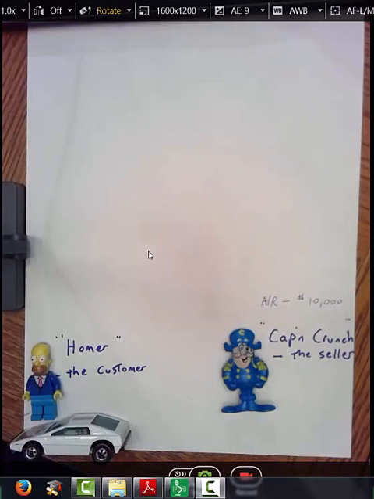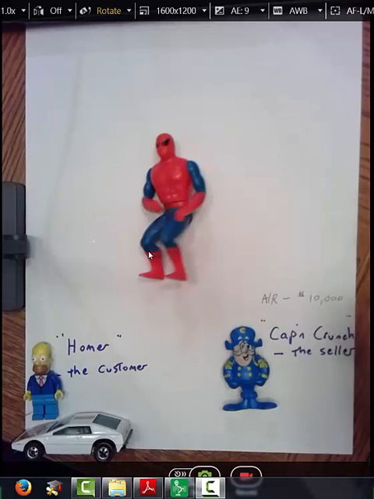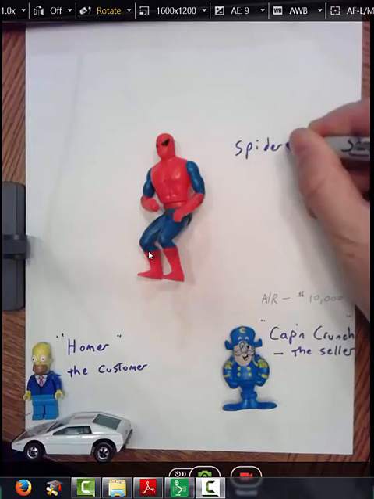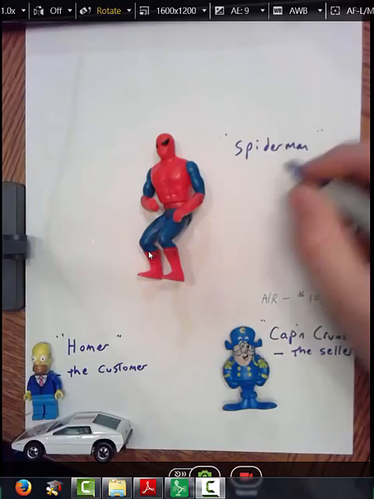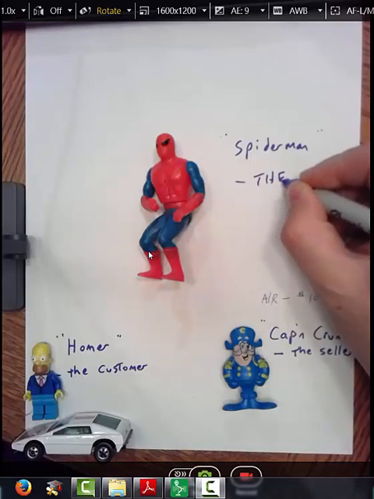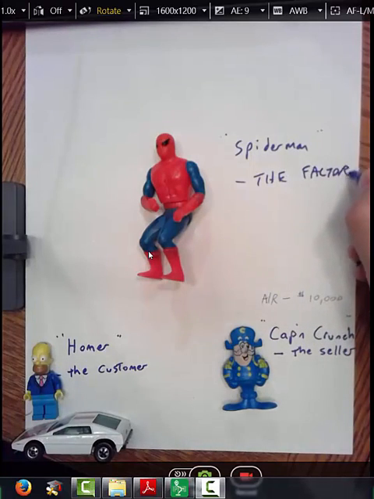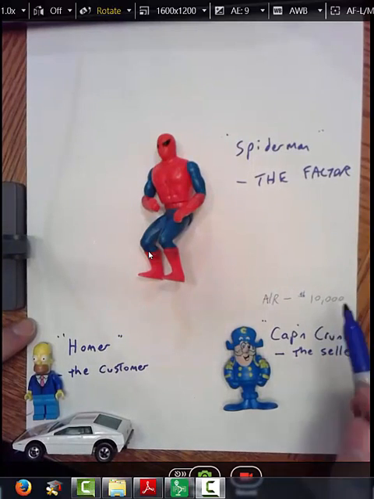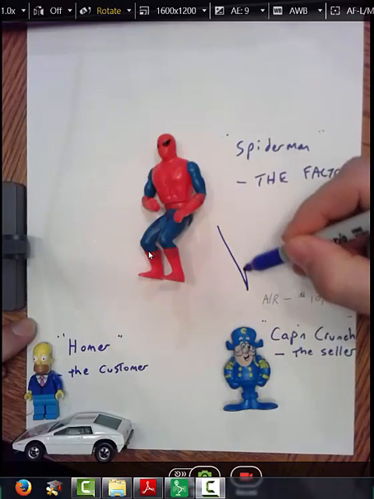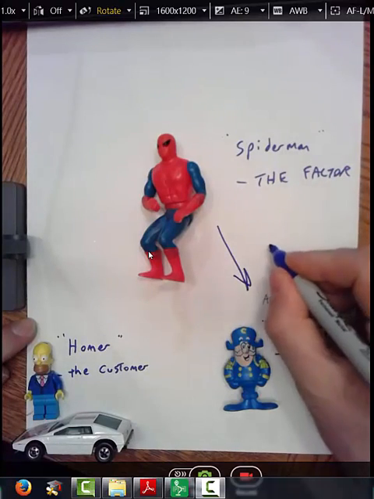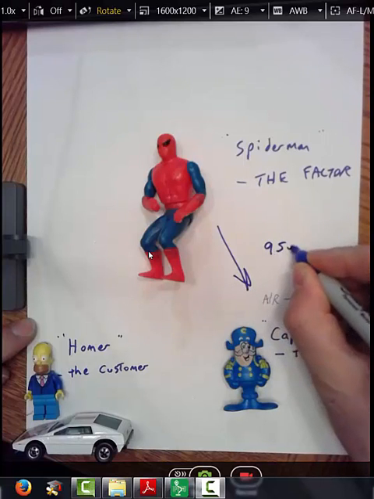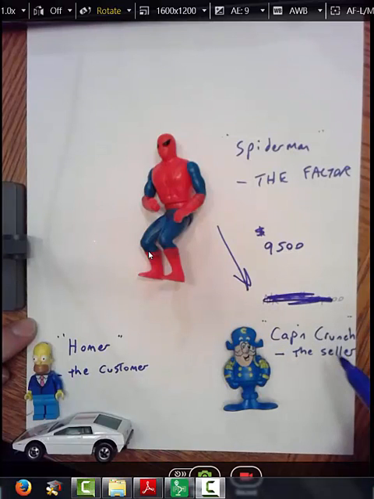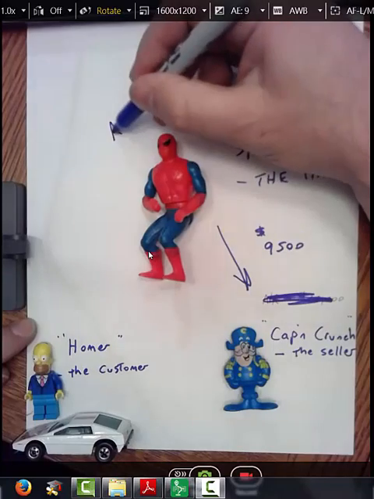Well, what you could do then is you could step in and have somebody. Let's say that Spider-Man is the factor. He's the factoring company or the factor. So what you could do here is Spider-Man could give Captain Crunch maybe $9,500 right now, and that receivable would then be off of Captain Crunch's books, and it would be on the factor's books.